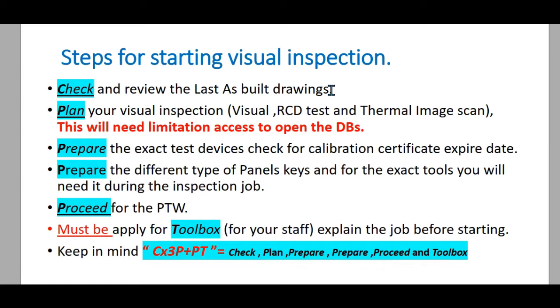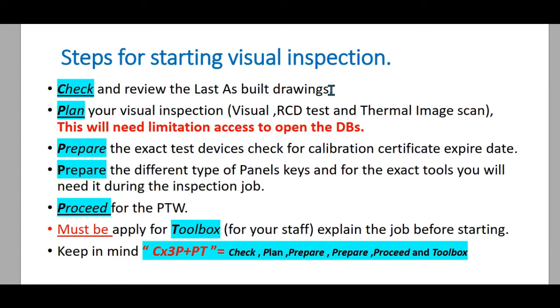Because when you apply the RCD test, we need approximately 8 trips with this RCD: 6 times to take the readings, including 2 trips. It must not trip, I will explain to you later. Plus we must take 6 readings, then we will take another 2 readings regarding the amount of leakage current.